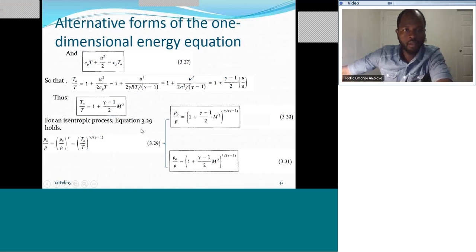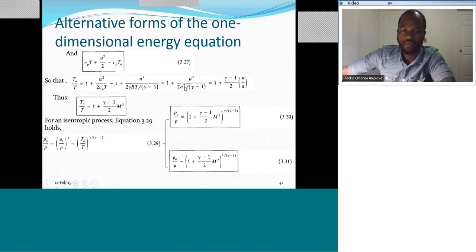So if we divide equation 3.27 through by CpT, Cp cancels, we have T naught over T, and the other side turns to 1. So we have T naught over T equals 1 plus u squared over 2CpT. Then we can make the substitution for Cp: Cp is equal to gamma R over gamma minus 1. And then we can make a substitution for gamma RT, which equals a squared.